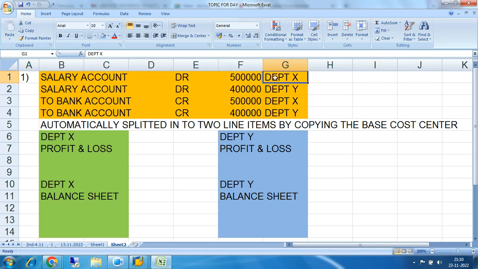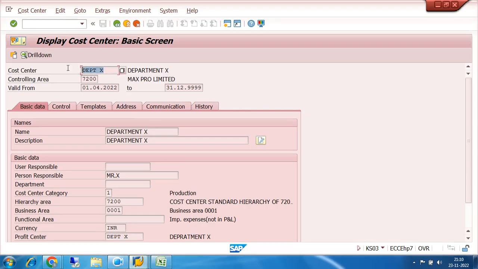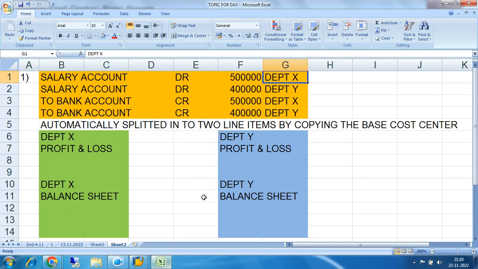If the user chooses the cost center, it is automatically copied to the profit center. How? It is automatically copied to the segment. How? I have already shown you that in the master data of the cost center, we have linked the respective profit center, and in the master data of the profit center, we have assigned the segment. Segment reporting is our requirement also.